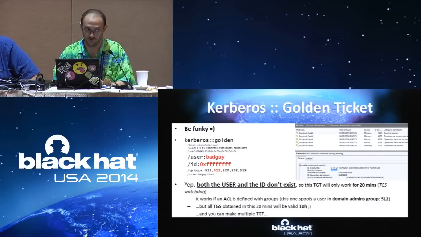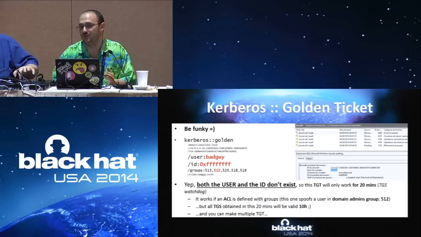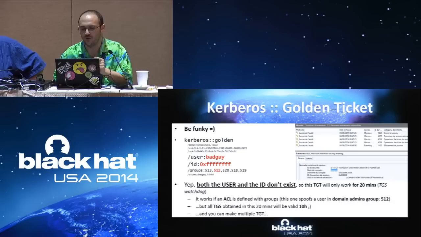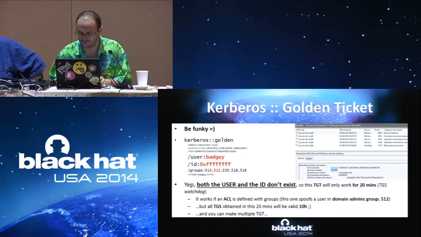You have the Kerberos key, so even after 20 minutes, you can create another golden ticket for another 20 minutes. It's very cool because when you use a bad guy ticket, what is the username in the event log? What is the ID in the event log? You can search. It doesn't exist.